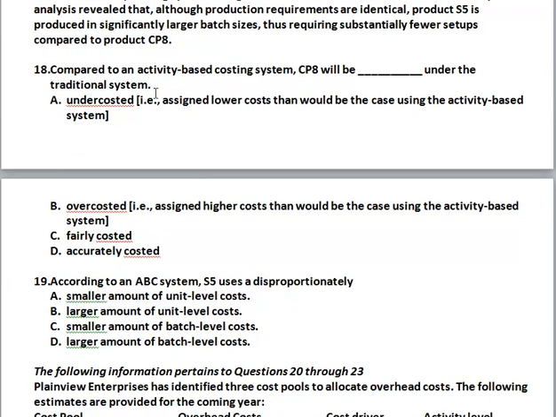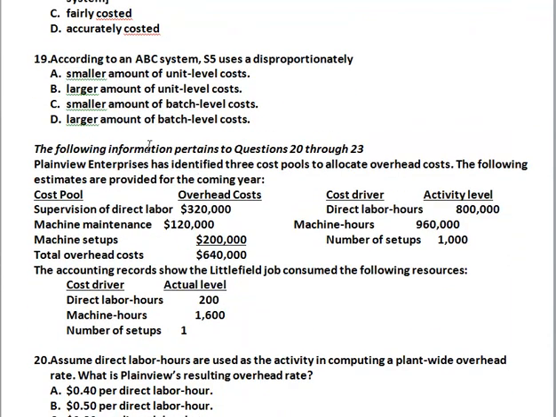So it says compared to an activity-based costing system, CP8 will be, and the answer is under-costed because it's getting not enough cost. And then 19 says, according to an ABC system, S5 uses a disproportionately smaller amount of the batch level cost. If you don't use as many setups, it's not going to consume or use as much of the cost.